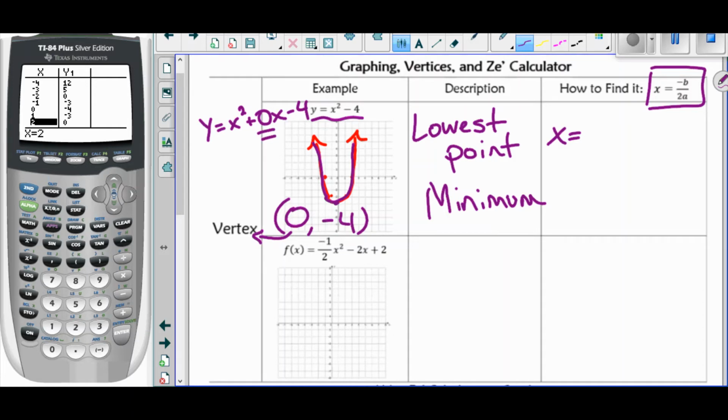Really, it's not that there's no b, it's that b equals 0. So I'm going to substitute that in for b, and substitute in a, which is just 1. But that's pretty uneventful because 0 divided by anything is just 0. That equation only tells me the x value that I have. Now I take that x value, and I'm going to plug it into that equation.